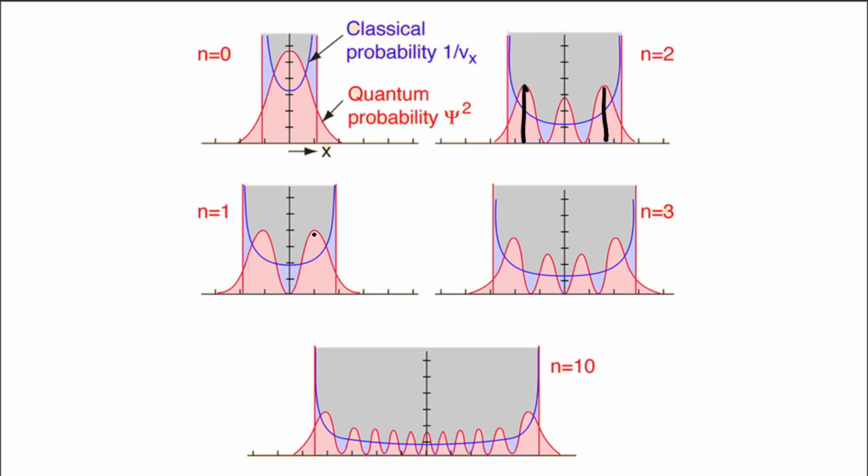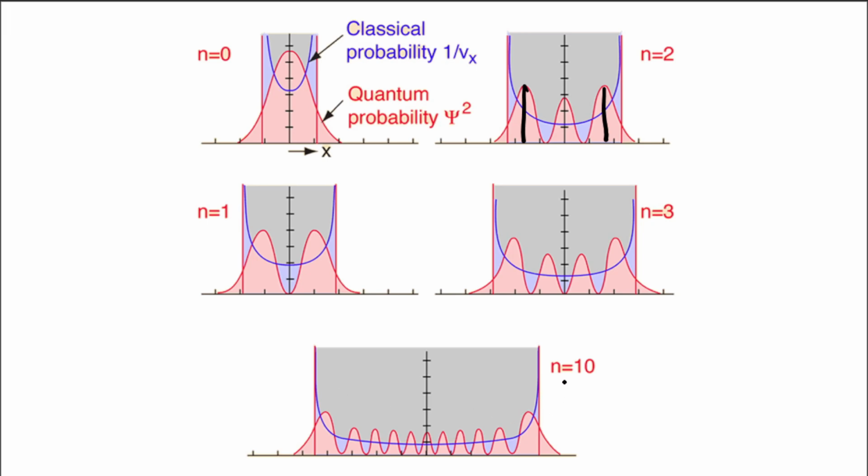This is called the correspondence principle. When the quantum number becomes very large, the behavior of quantum systems resembles more and more that of classical systems.